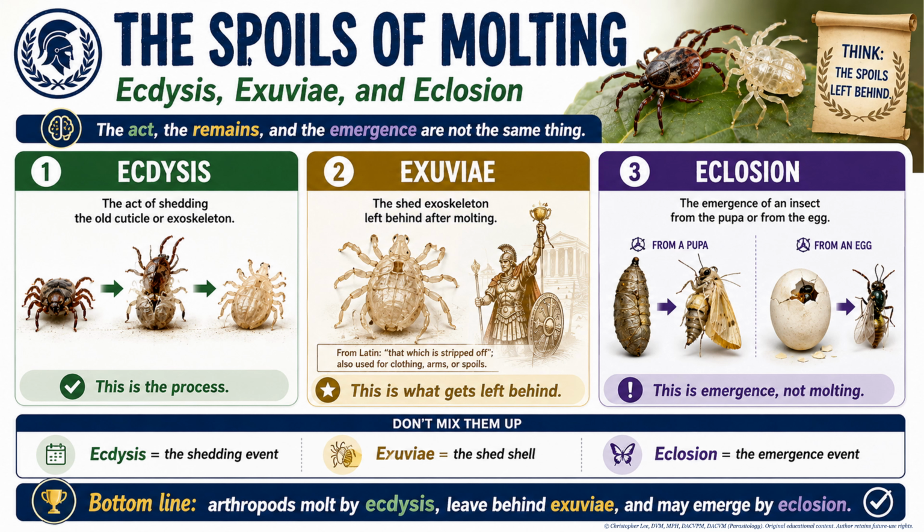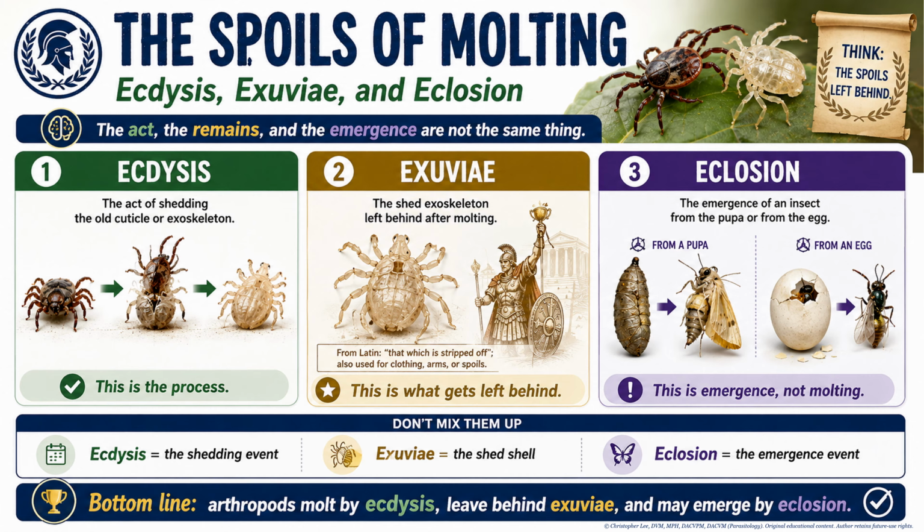So if you want a sticky memory hook, exuvia are the spoils of molting, the cast-off remains that are left behind when an arthropod has moved on. In a diagnostic setting, finding exuvia can sometimes tell us that an arthropod has been present, even if the living organism is hard to find. Eclosion is different.